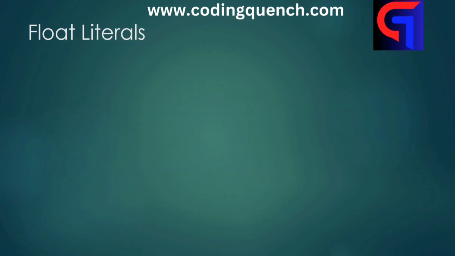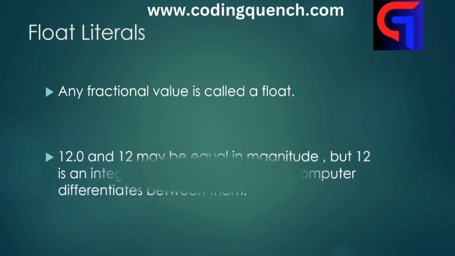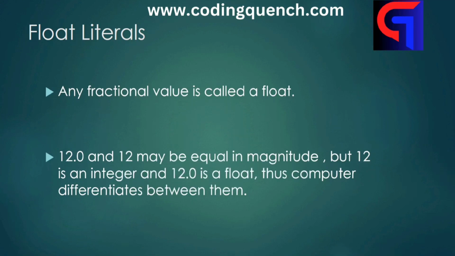Next, float literals. Already we discussed float literals. What are float literals? Always we have something fractional part, that is 10.5, 10.6, like this. We'll call it float literals. Any fractional value is called a float, just like 8.5, 6.0. Let's understand more quickly. 12.0 and 12 may be equal in magnitude.